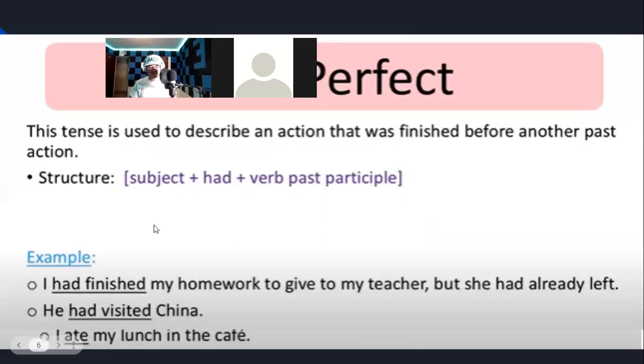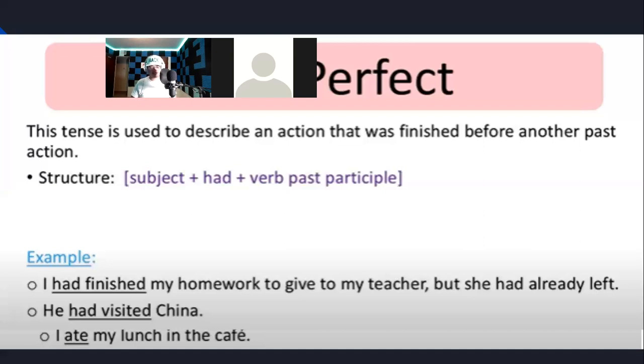Some examples are, I had finished my homework to give to my teacher, but she had already left. He visited China. He had visited China, right? Because if I said he visited China, that would be simple past. So he had visited China before, and then something else happened.